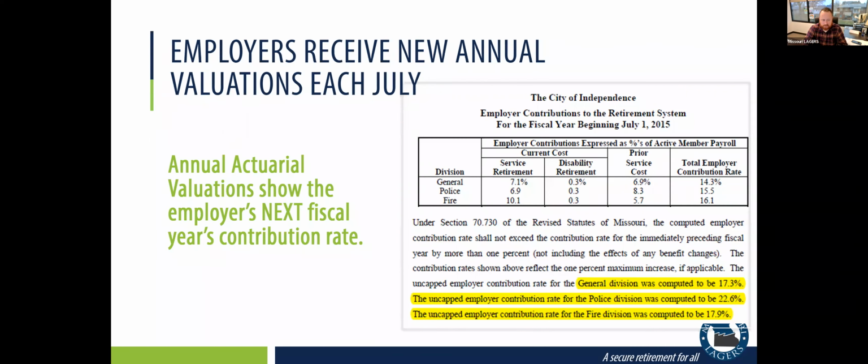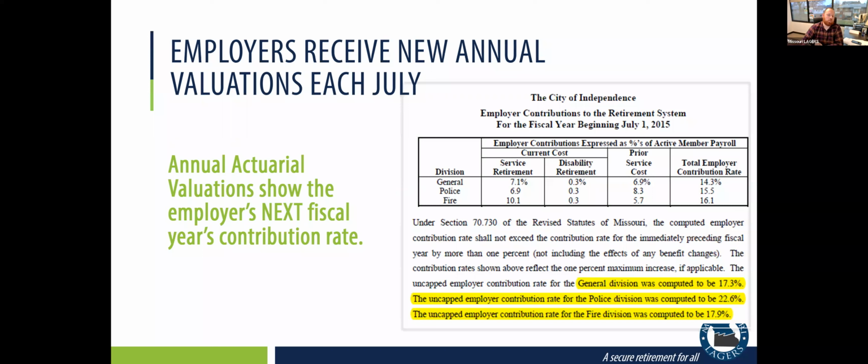So annual valuations show the employer's contribution rate for fiscal years beginning in the next calendar year. In this case, this July 1 of 15 was issued in July of 2014 for their fiscal year beginning on July 1 of 2015.